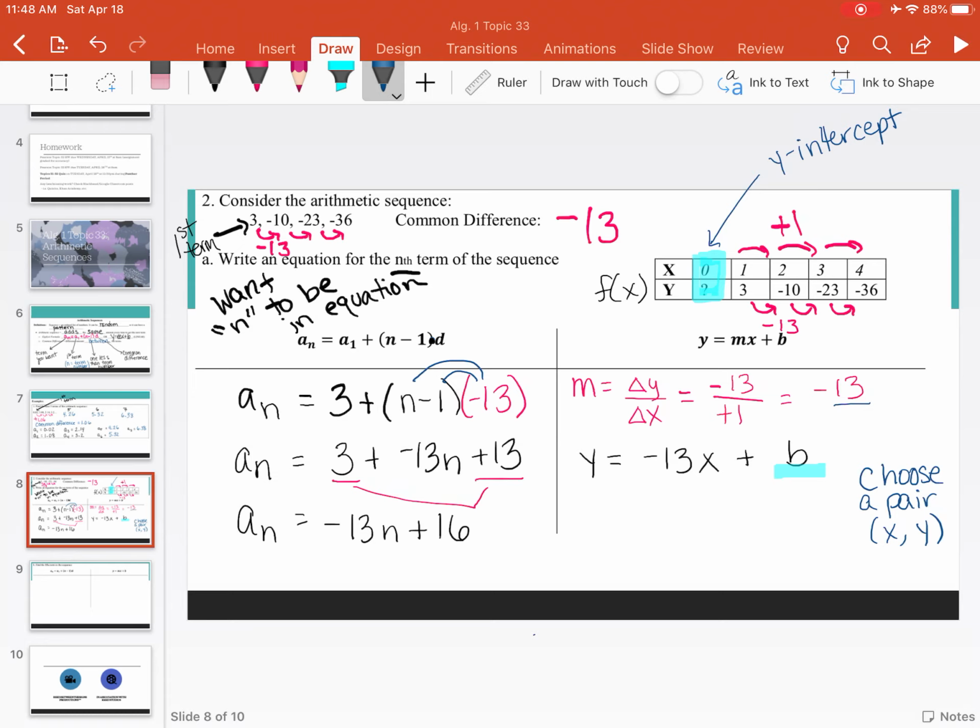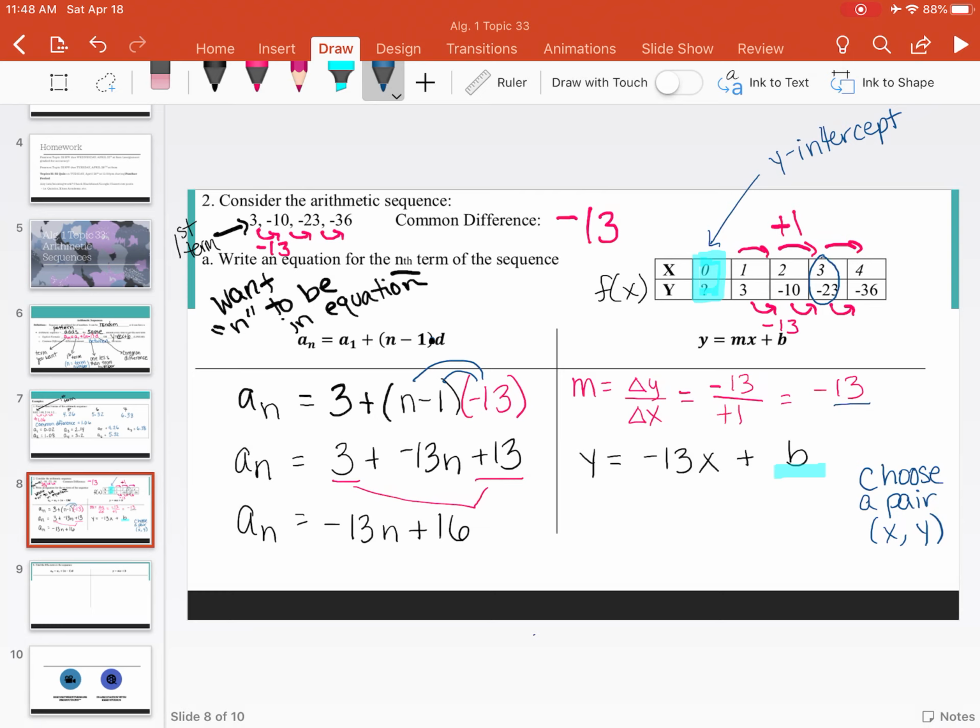If you're given a problem with a slope and a point on the line, can you write an equation to summarize that line? Yes, you can. We're doing the exact same thing here, again, because arithmetic sequences are linear. So we can choose whatever value we want. I'm going to go with this one, just to change it up a bit.